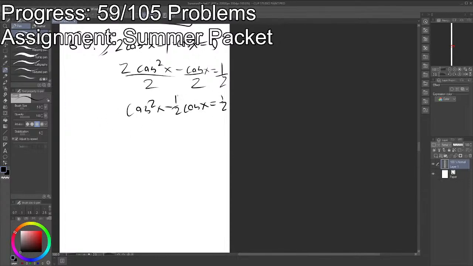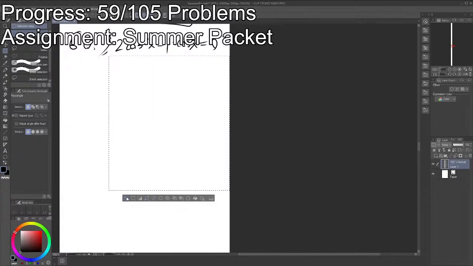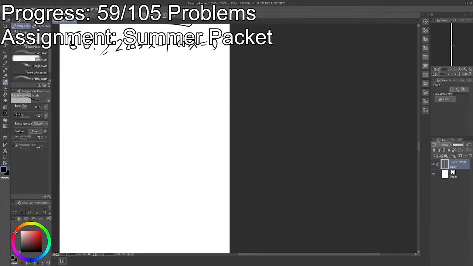Oh, I was hoping the 1 would still be here, so I could turn this into negative sine squared x. But if that's not going to work, then kind of screwed. I don't know. Kind of unfortunate.